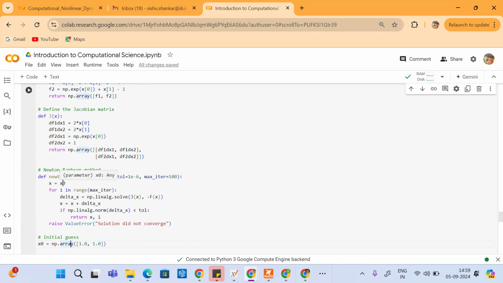Fine. You are doing the initial condition here, x equals to x naught. Then you are iterating this again and again till 100 iterations. But within that, compute this tolerance. If it is satisfied, it will break. That is return. It will come out of the loop. Okay.